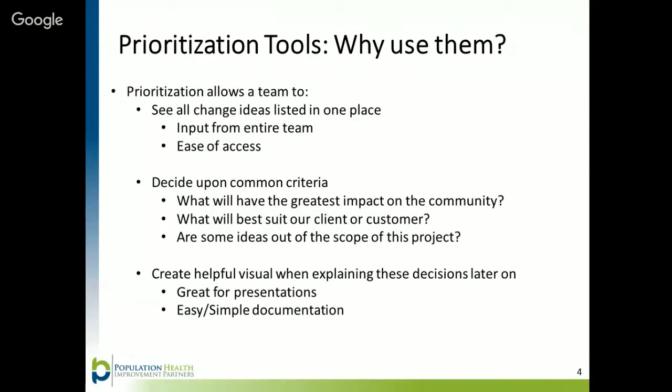Prioritization tools can also create a helpful visual when explaining these decisions to senior leaders, stakeholders, additional staff, etc. Basically, prioritization tools give a quick and simple visual representation of your team's prioritization process, so there is no question as to which ideas you should test first.